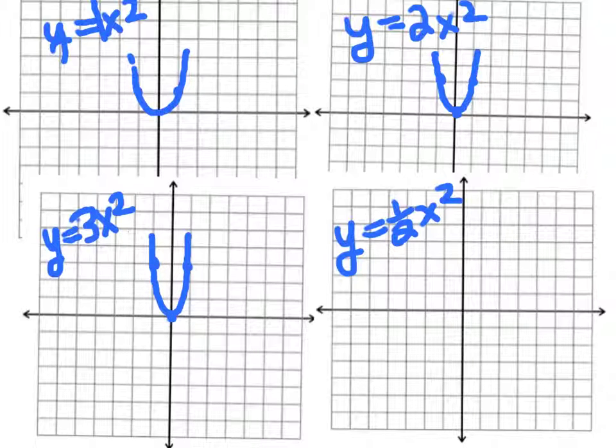And if I throw a half in front of it, it makes it over 1 up a half, which actually also comes out to over 2 up 2. So like 1/2 would be over 2 up 2, 1/3 would be over 3 up 3, 1/4 would be over 4 up 4. Makes it easier to spot the shape just by looking at how far over and up on the first point they go.